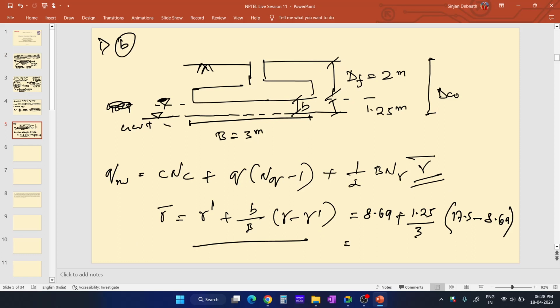If you calculate this, gamma dash comes out to be around 12.36 kilonewton per meter cube. Here we are incorporating the effect of the groundwater table into this gamma dash.